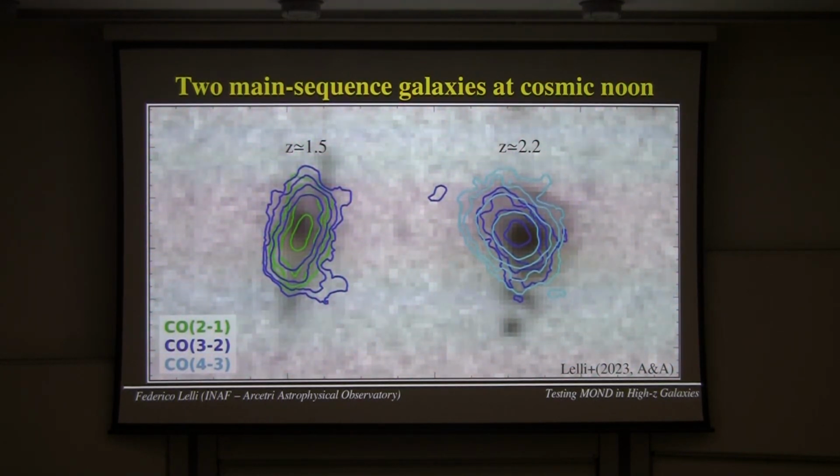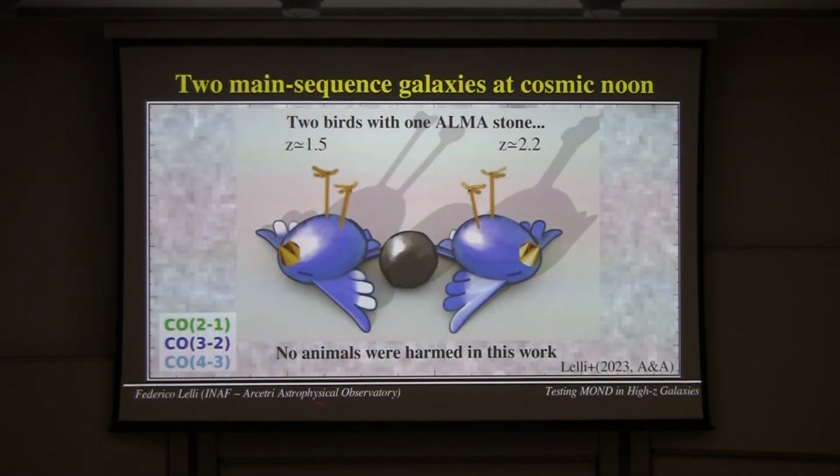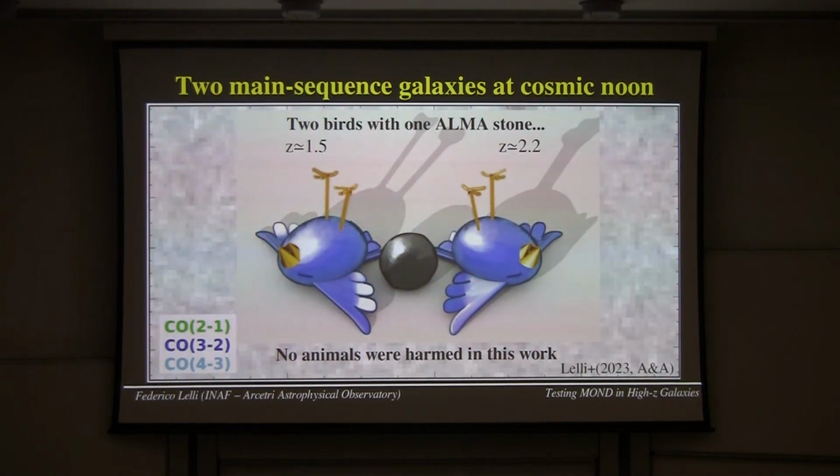And this is very good because with a single ALMA observation we can get them at the same time. So we can optimize the exposure times. The gray is an HST observation, and the contours indicate the emission line maps from CO. So essentially we got two birds with one stone, but no animals were harmed in this work.